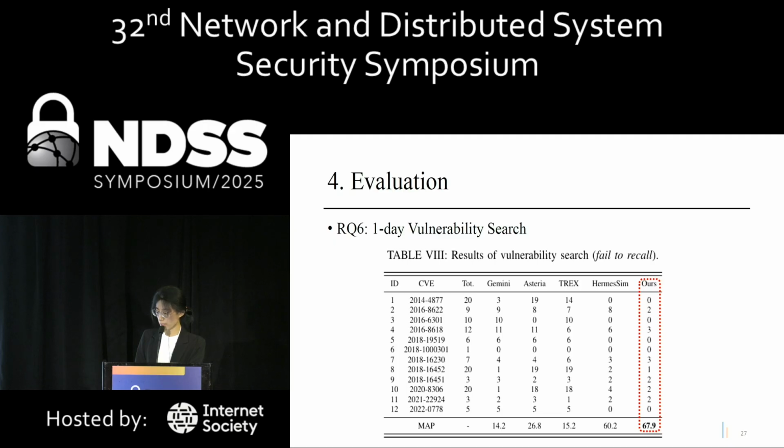Finally, we utilized the D3 firmware alongside the CVE vulnerability functions dataset to determine the effectiveness of BinEnhance in enhancing real-world one-day vulnerability search capabilities. The following table is the result of all baselines and our BinEnhance.